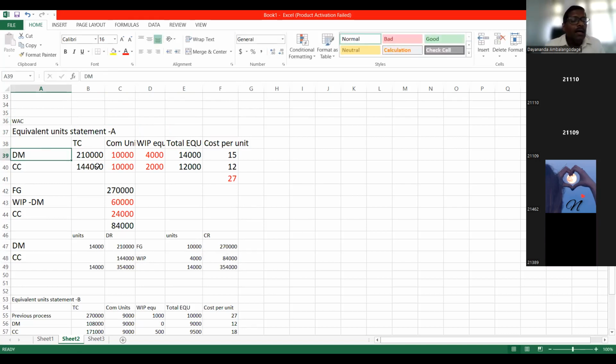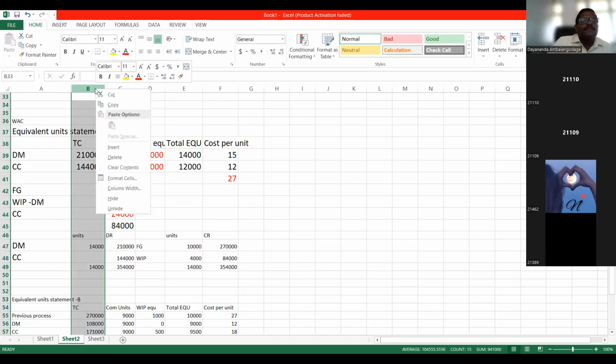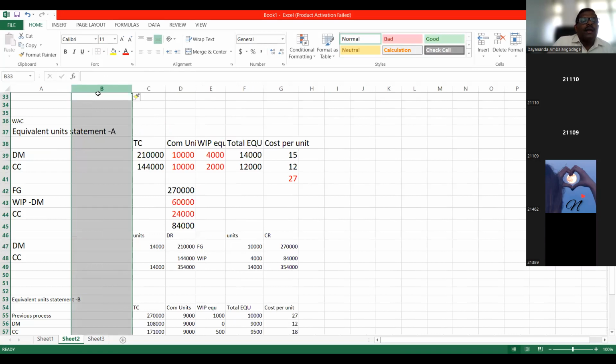Okay. So under the WAC method, what we have to do is, basically the total column, we need one additional one. You see, we need one, right?